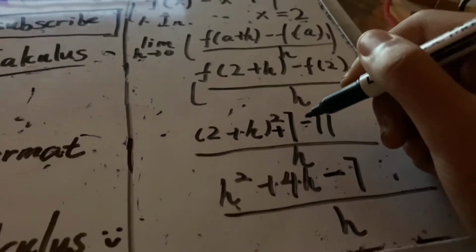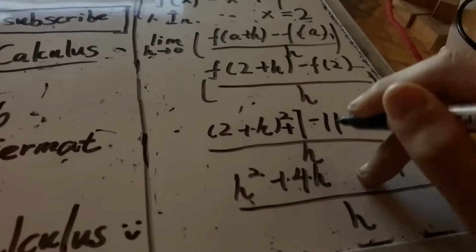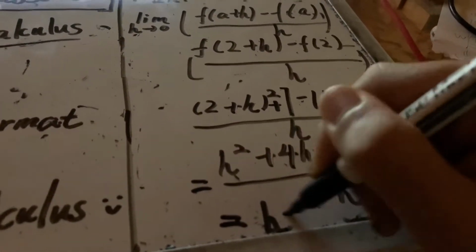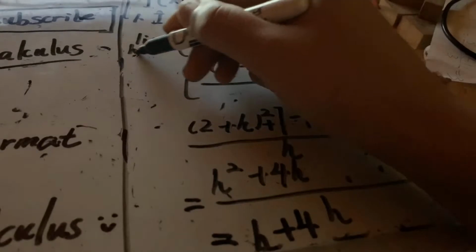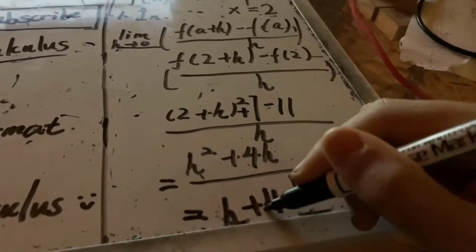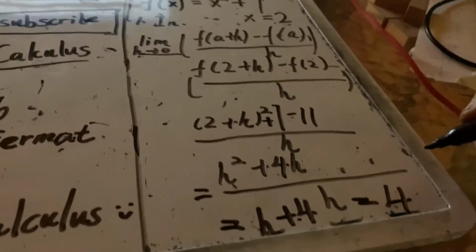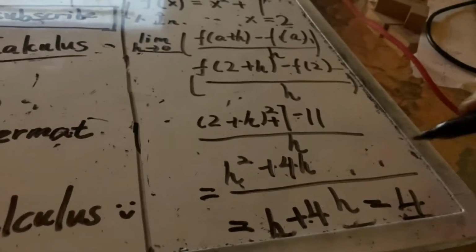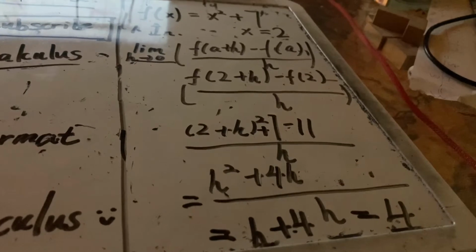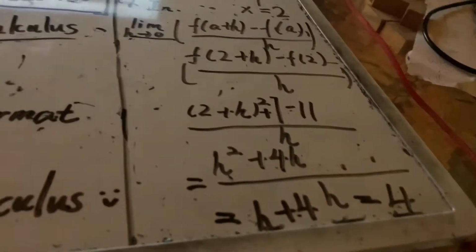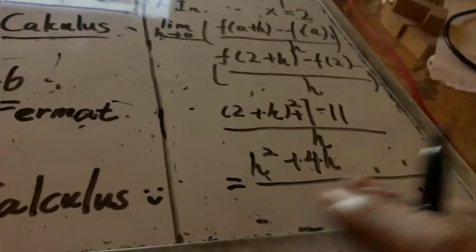Minus 11, so it equals h squared plus 4h, divided by h. So it equals h plus 4. And the limit as h goes to 0, we plug in h equals 0, so we get that the instantaneous rate of change is also 4. Wait, how should the instantaneous rate be the same as the average rate of change? Okay, don't care about it, it's just luck.